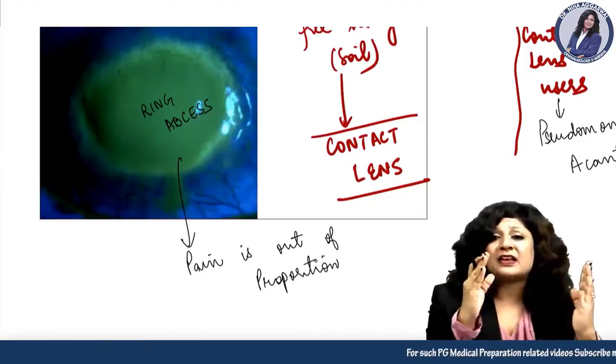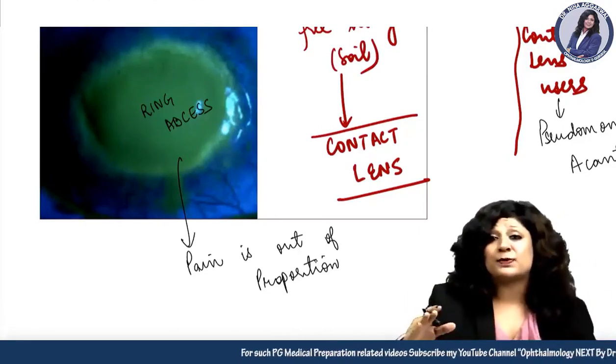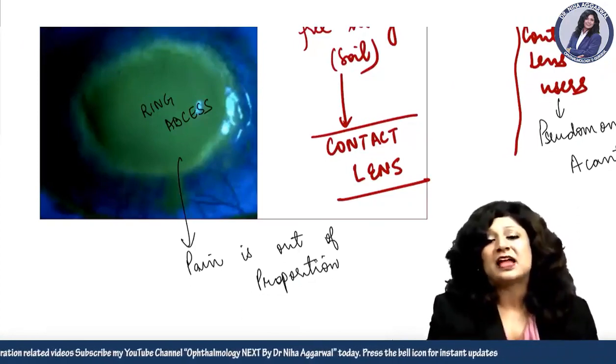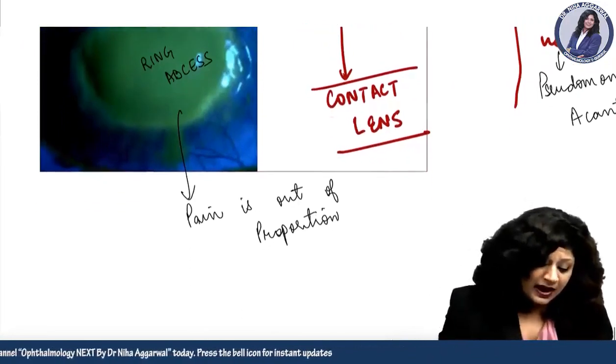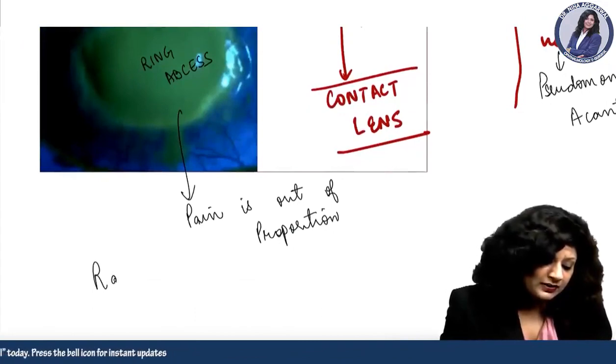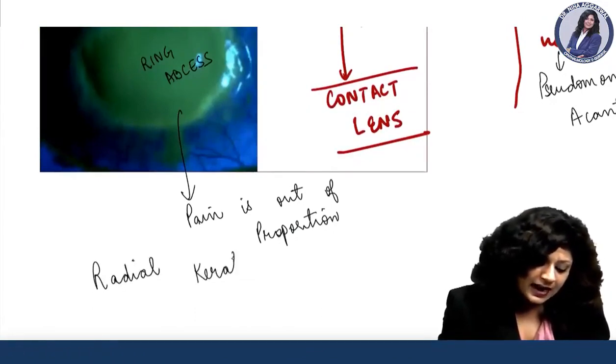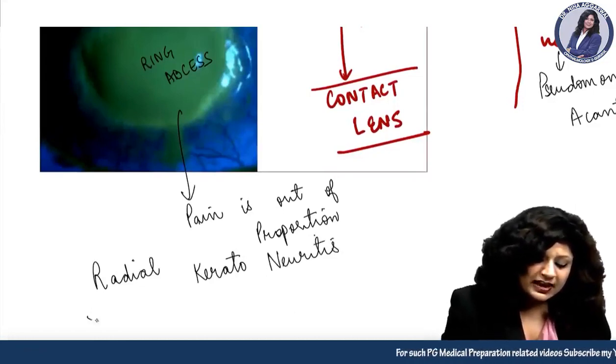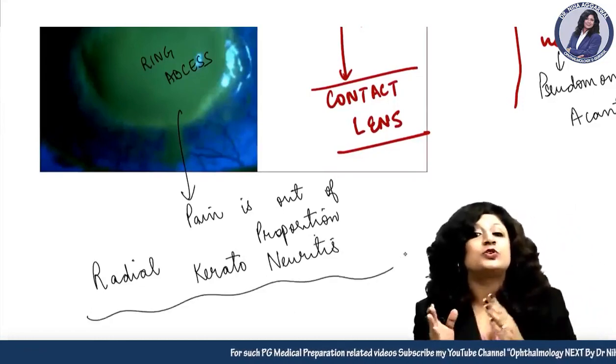So if pain is too much out of proportion in a normal looking ulcer, then that heads towards the acanthamoeba corneal ulcer. Why? Because of the radial keratoneuritis. Here the patients are having radial keratoneuritis.